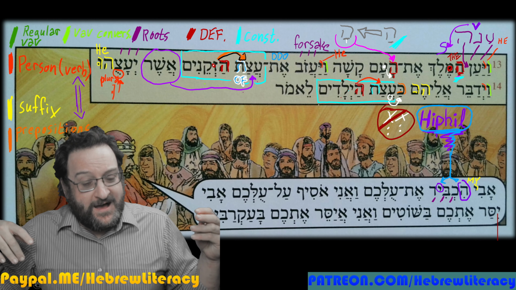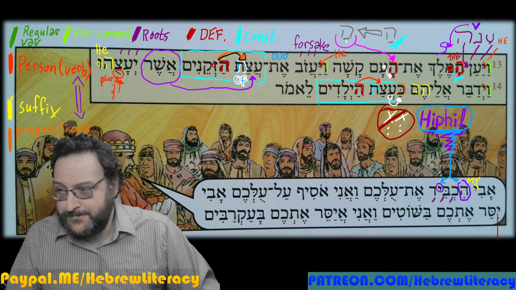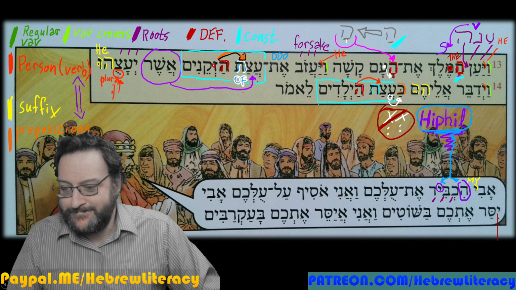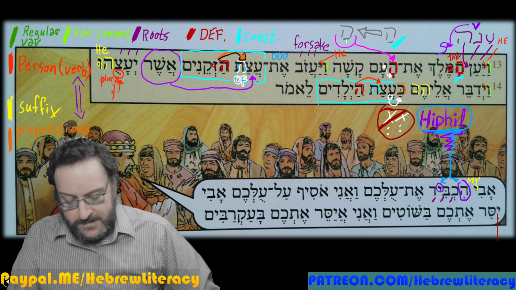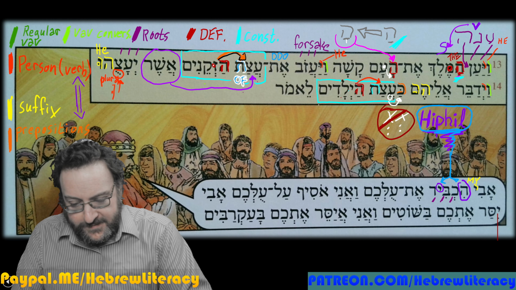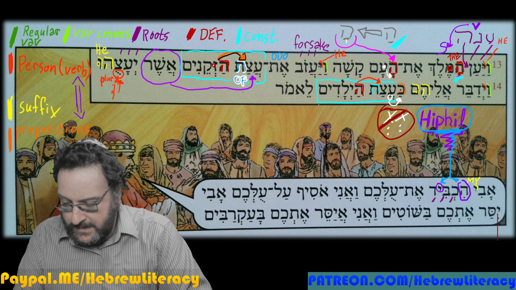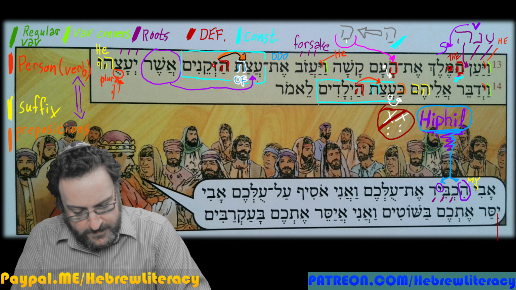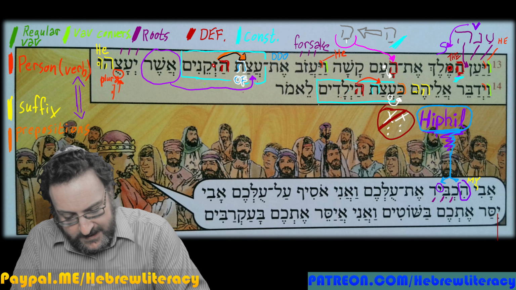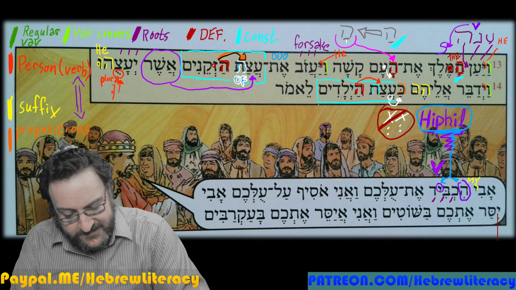Okay, so avi, my father, hichbid, made heavy. So we have a bit of a reversal in order here. Our verb is over here, and our subject is here.